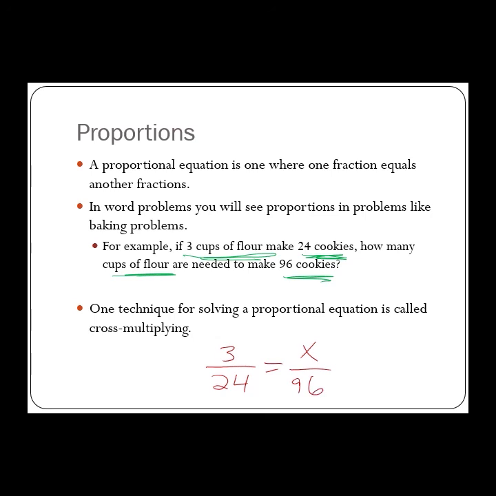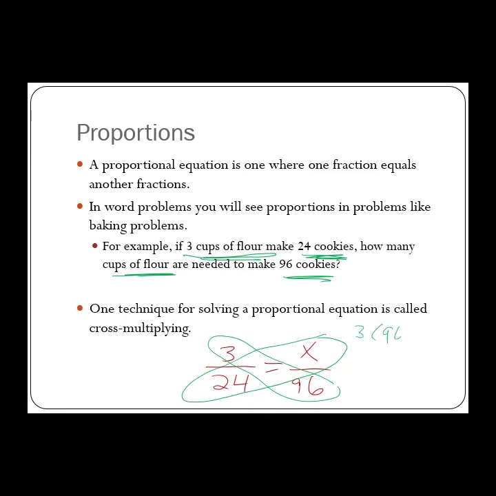So we can turn that problem into a proportion. And the technique that we're going to use is called cross multiplying. It's essentially using the multiplication property of equality twice, just in one step.